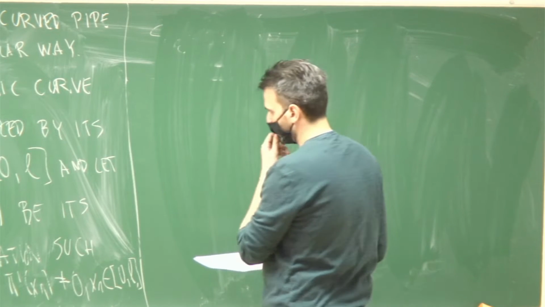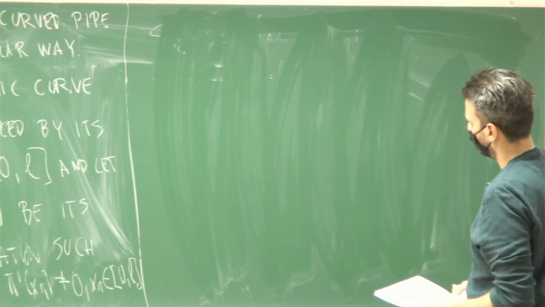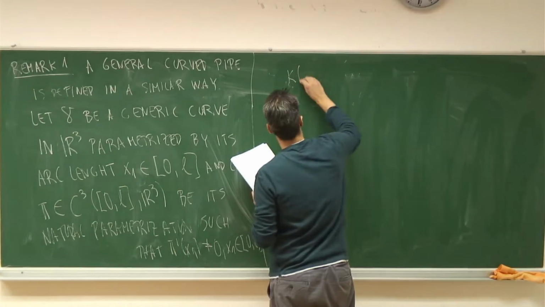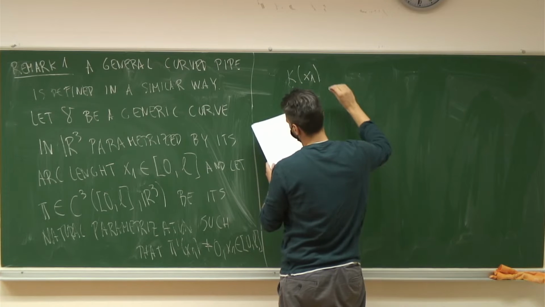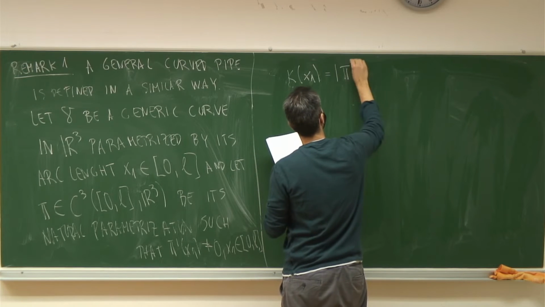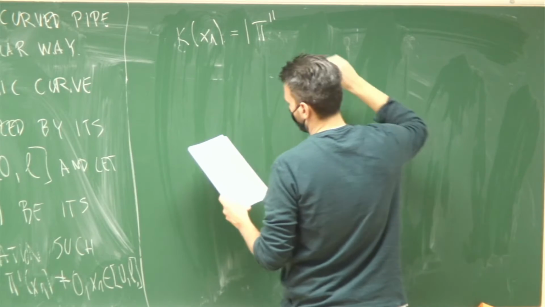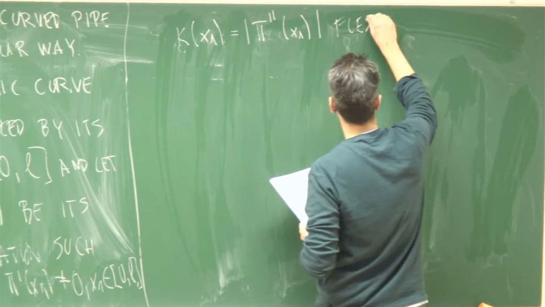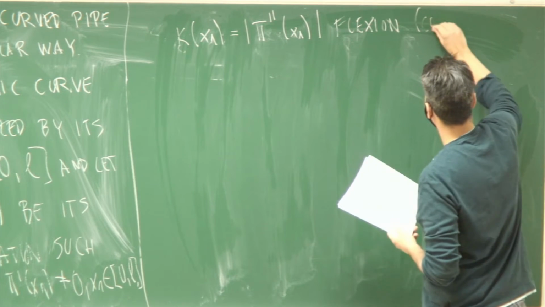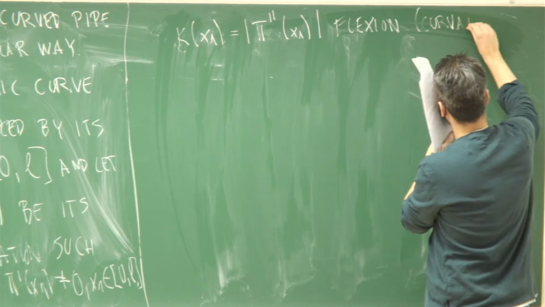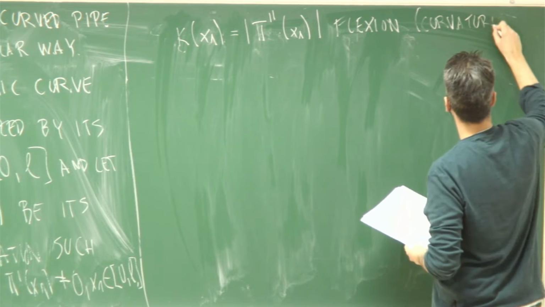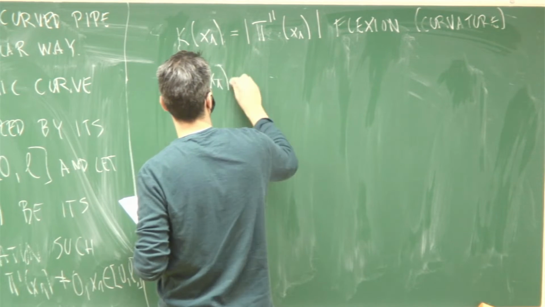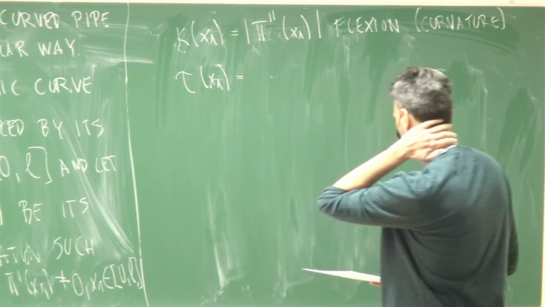As I mentioned before, I spoke about flexion and torsion, so we define them in the following way. So kappa of x1 is the double derivative of p of x1. So this is flexion, also known as curvature. Then you have torsion, which is defined in the following way. So these are basic elements of differential geometry.